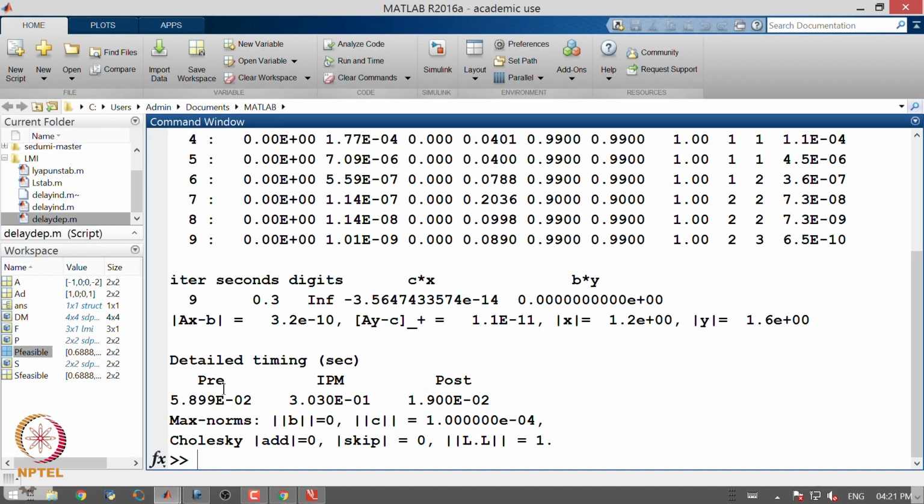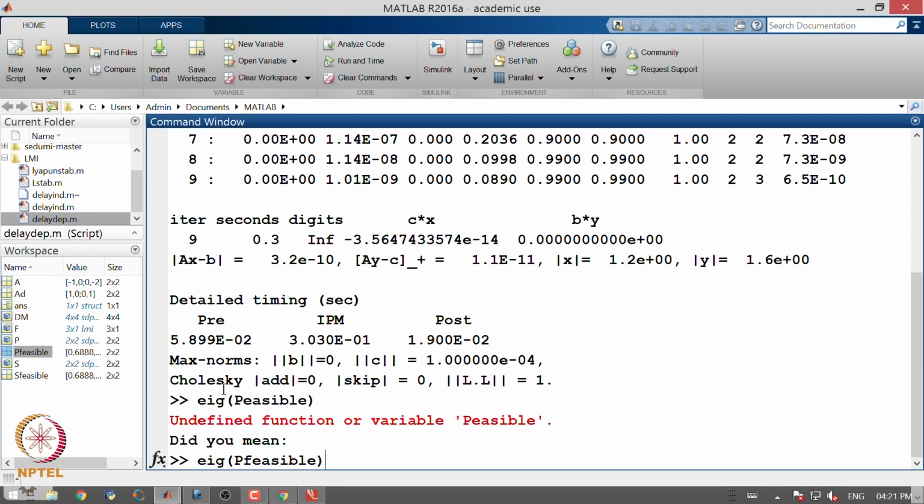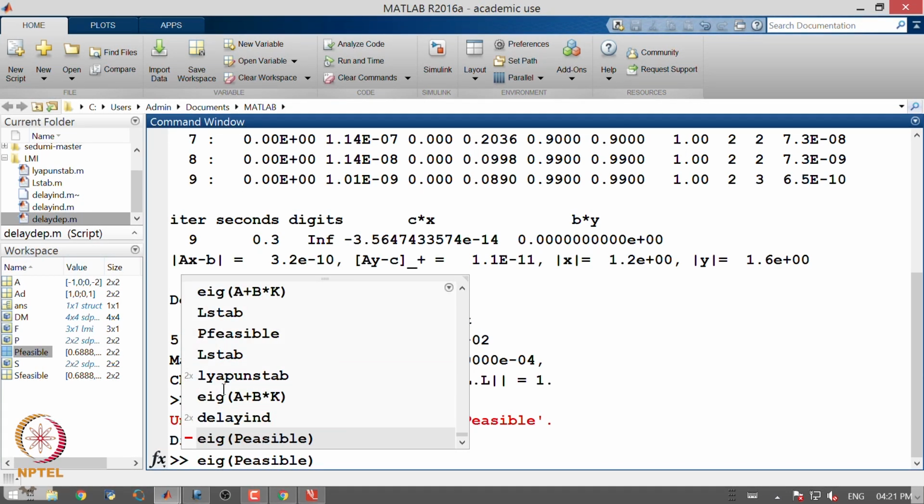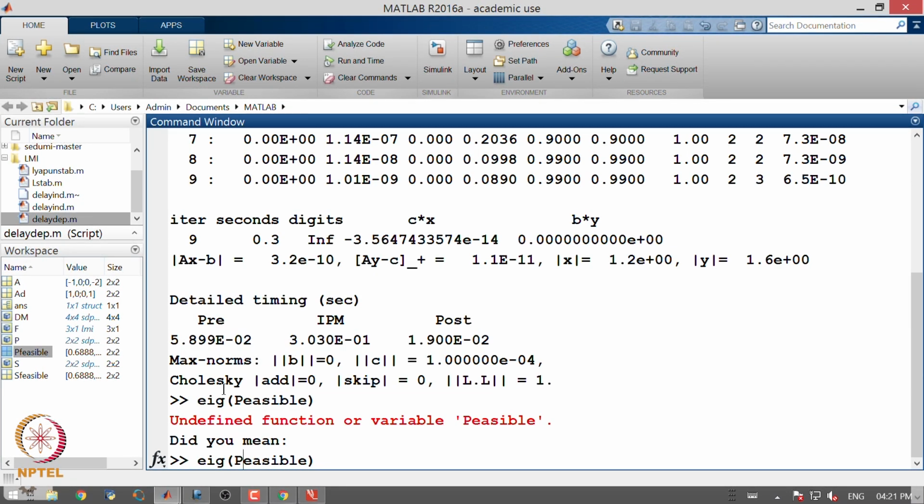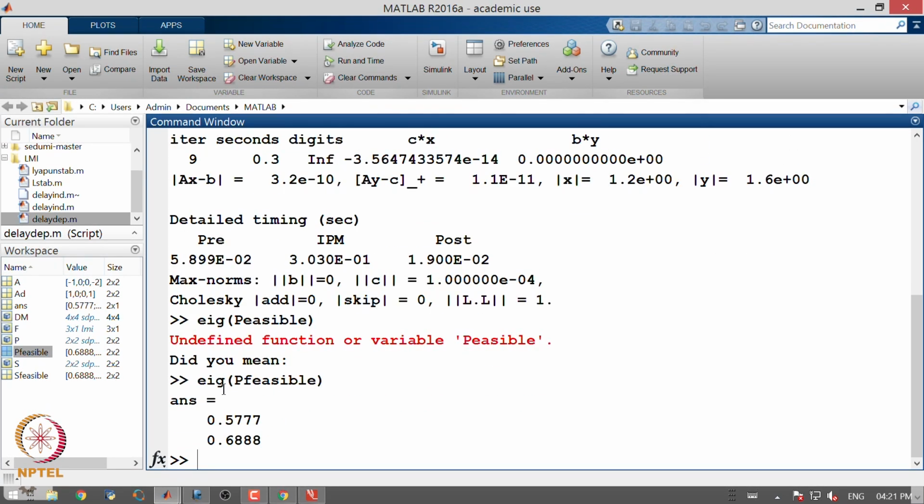Okay, so I can just check the eigenvalues now of P feasible. Okay, so P is positive.